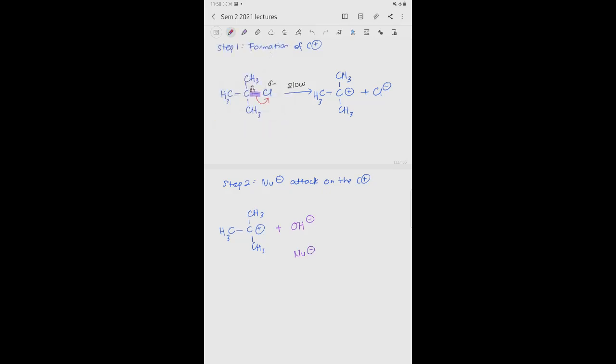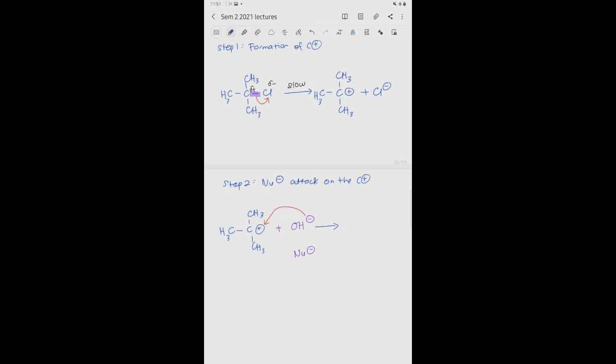To make it easy for you to remember the arrow of mechanism, remember this. The nucleophile, which is rich of electron, will be attacked by the carbocation. We use passive words here. The nucleophile will be attacked by the carbocation. So the product will be formed, where the nucleophile, which is the OH minus just now, will be attached to the carbocation.